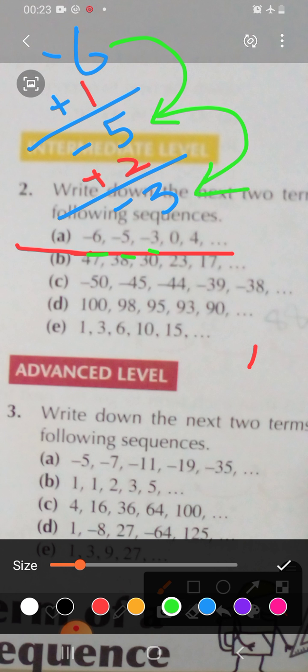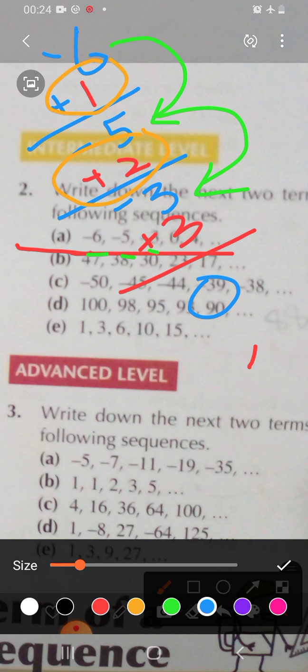But we have not added the same number each time, we are increasing the number. First we added +1, then +2. Now we have to add +3 to get the next number. Let's see if it works. -3 plus 3 is 0.